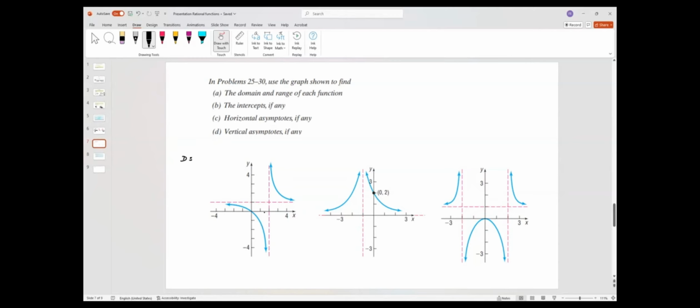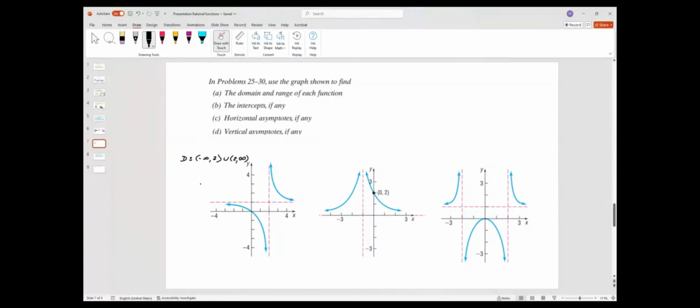There is an asymptote at x equals 2. So there is a discontinuity in the domain at x equals 2. So the domain of your function would be from negative infinity to 2 union from 2 to infinity. That would be the domain of this function.